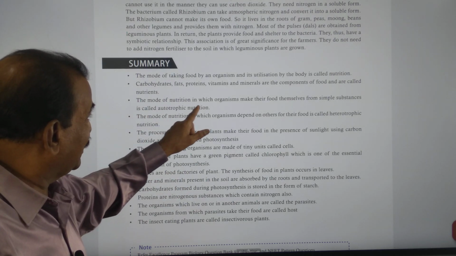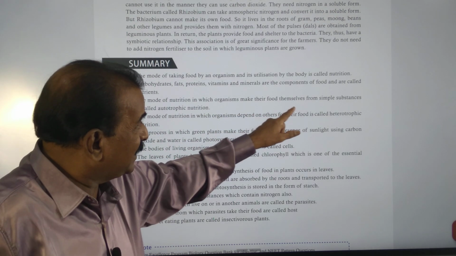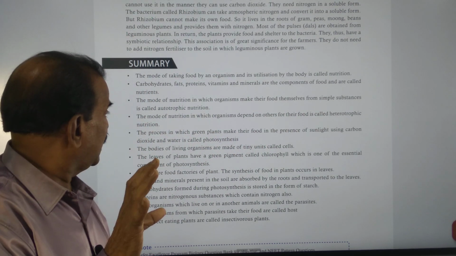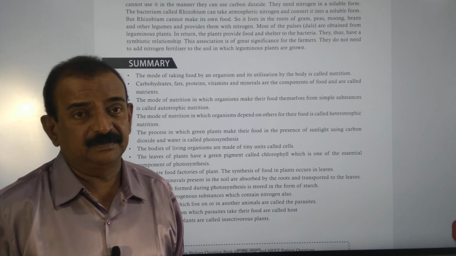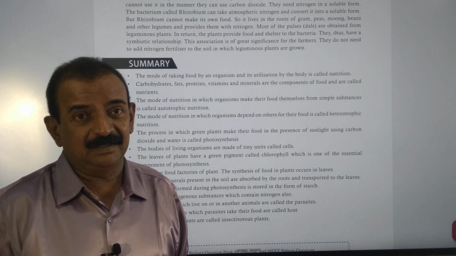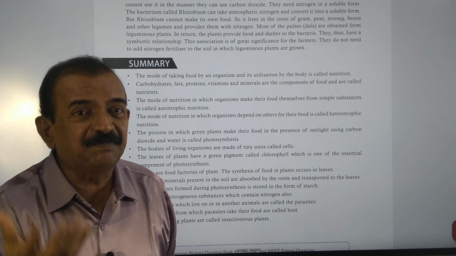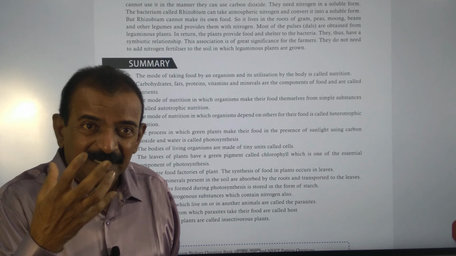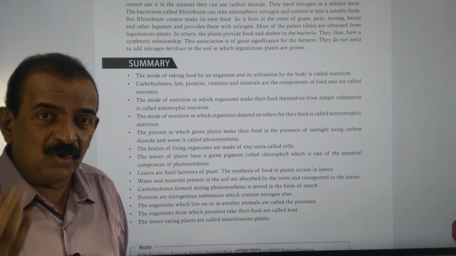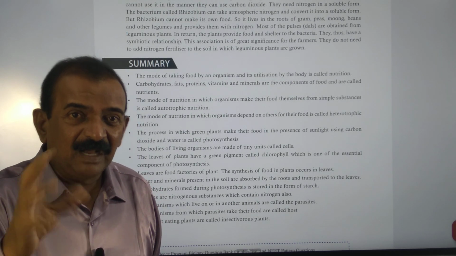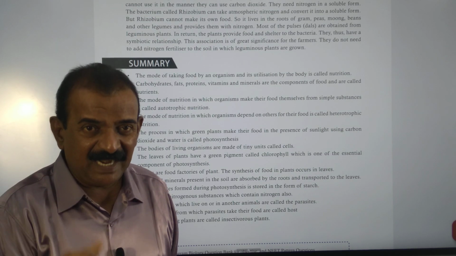The mode of nutrition in which an organism makes its food by itself from simple substances is called autotrophic nutrition. Autotrophs are the plants. They prepare their food using simple substances present around them: chlorophyll, sunlight, carbon dioxide, and water are the simple materials required by plants.